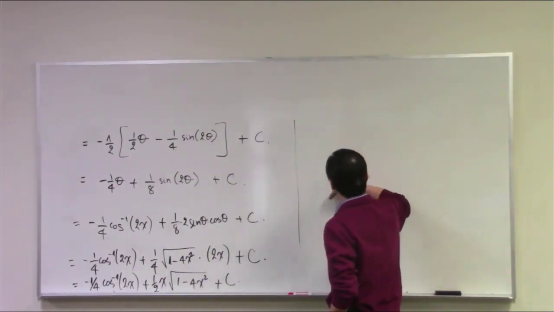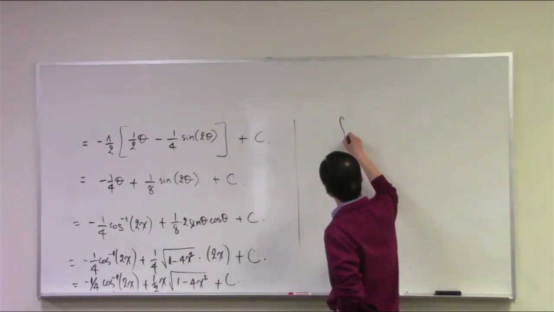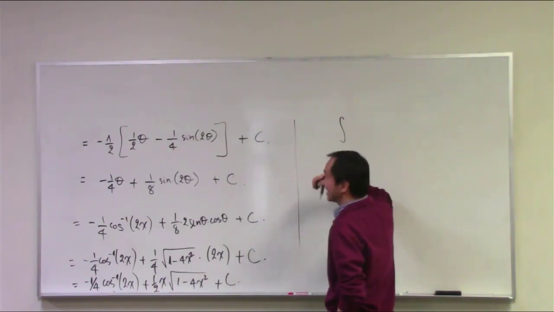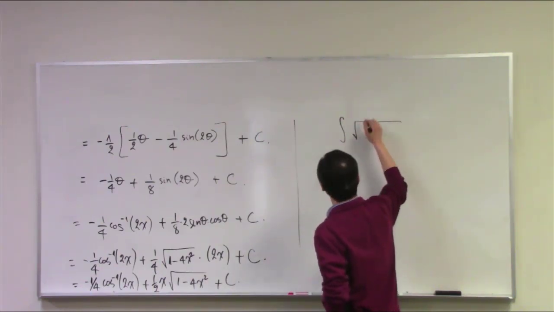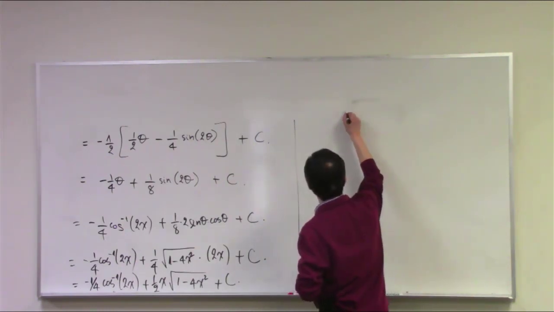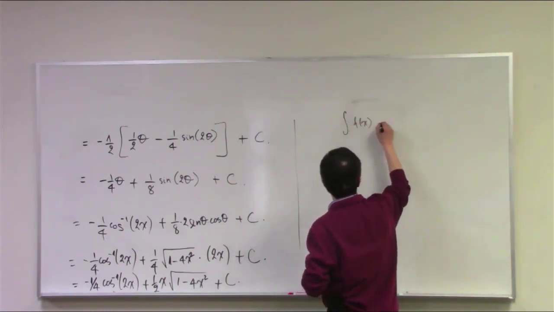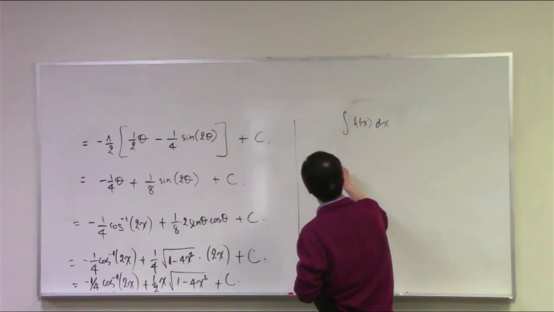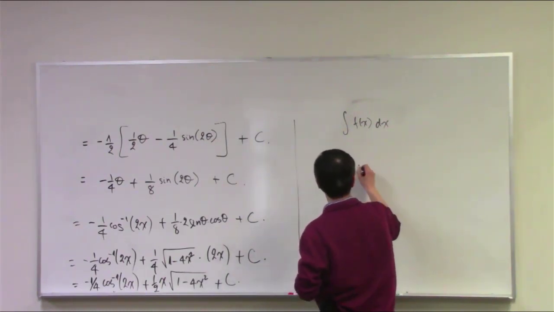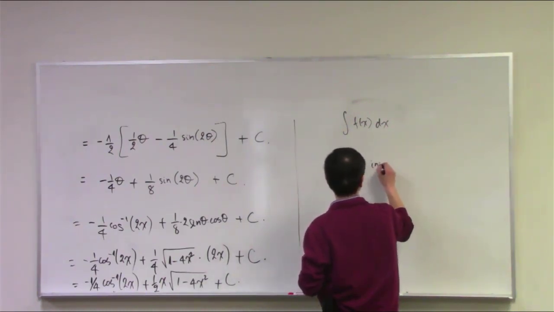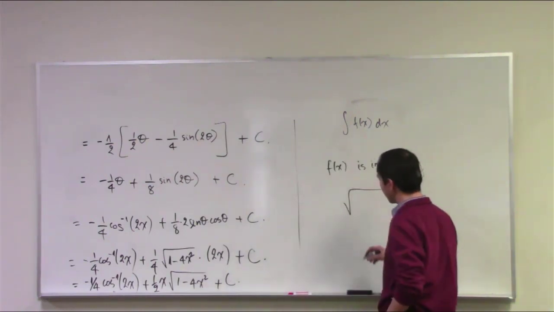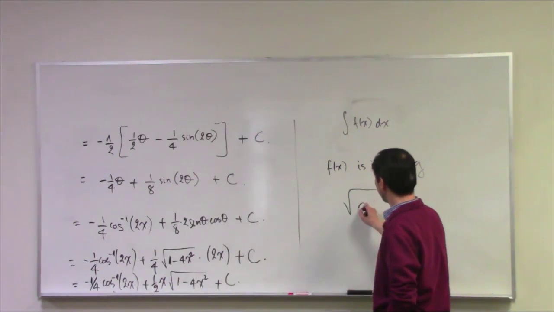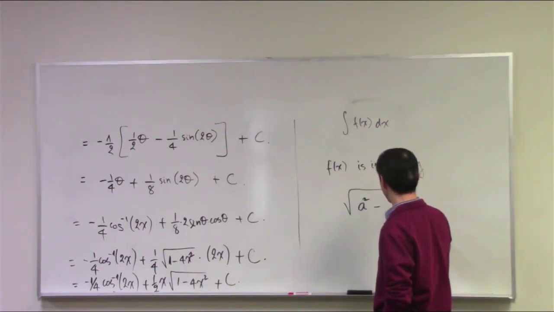It stays in a family that, anytime you're looking at an integral, and what you have here is some square root expression, an integral of some function f of x, but the f of x involves a square root in the setting where we have a constant square minus an expression square.